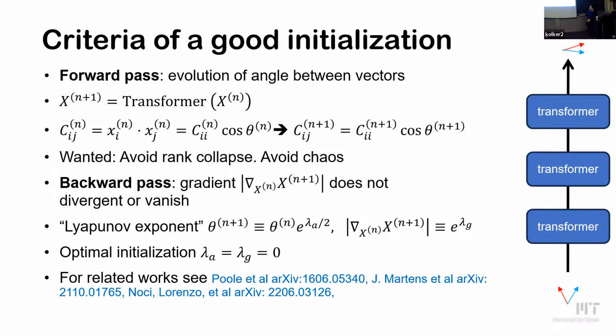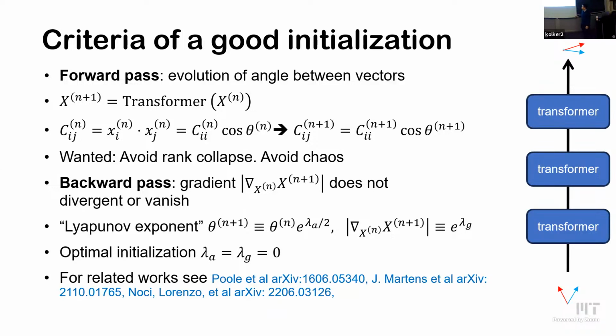And then there's the other condition, which is that you want the gradient to be not vanishing, which means you want the outputs to not only have some angle between each other, but also to depend on the input. When you change the input, how does the output change? You don't want them to be all frozen to one direction. So these are two different criteria. We call them forward and backward, because when you go in the forward direction, you see how the angle evolves, and when you take derivatives, you see the gradient, which propagates backwards.